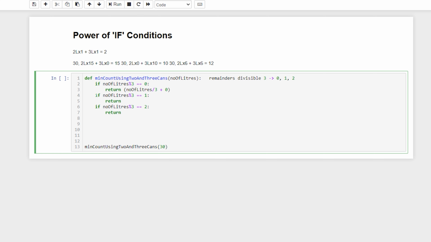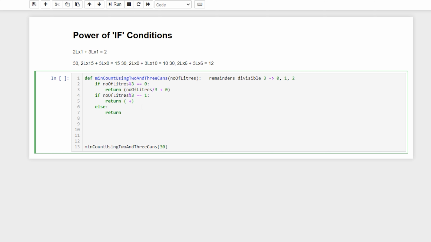If this condition is not true, then the else condition will be executed. So obviously if it is 0 it will be written here, or else it could be either 1 or 2. At this point, if it is not 1, then obviously it is 2. So we no need to mention this whole sentence. Instead, better use else. Okay, what we need to return here?